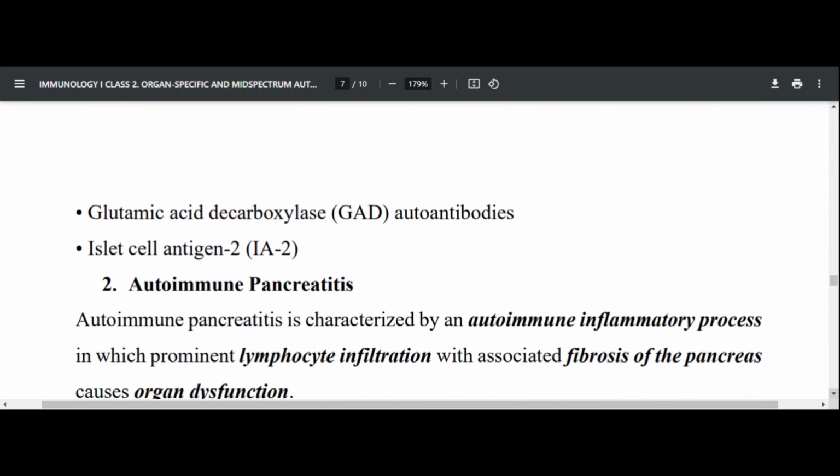The second is antibody against glutamic acid decarboxylase enzyme, and also antibodies against islet cell antigen.